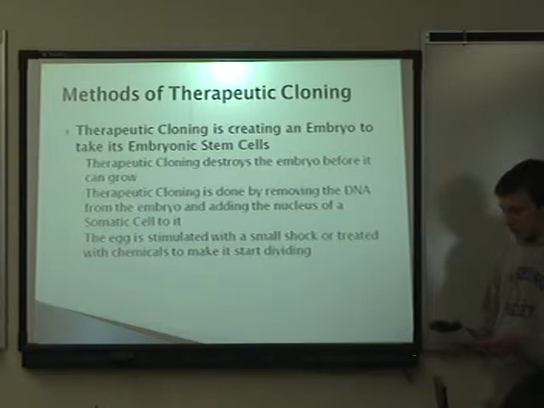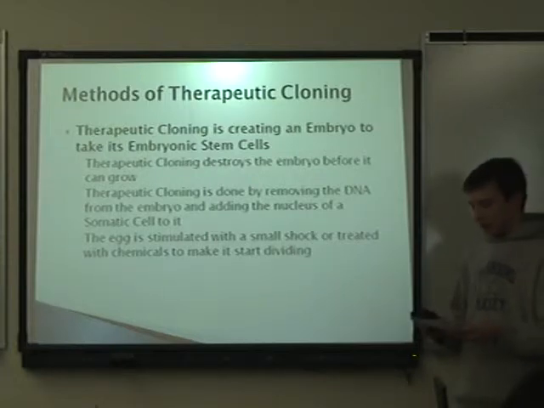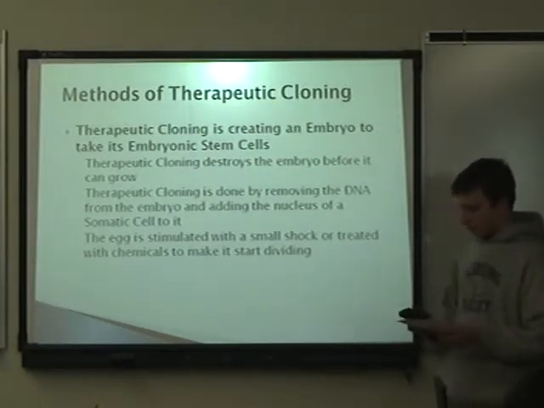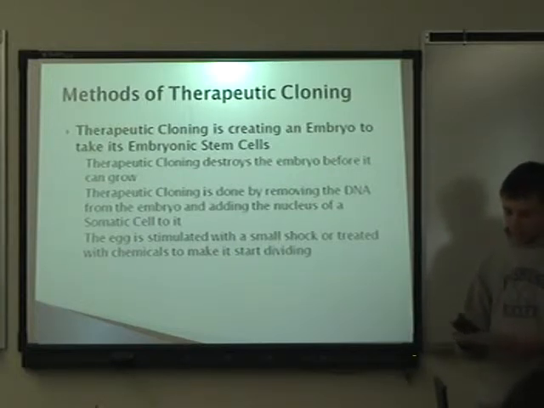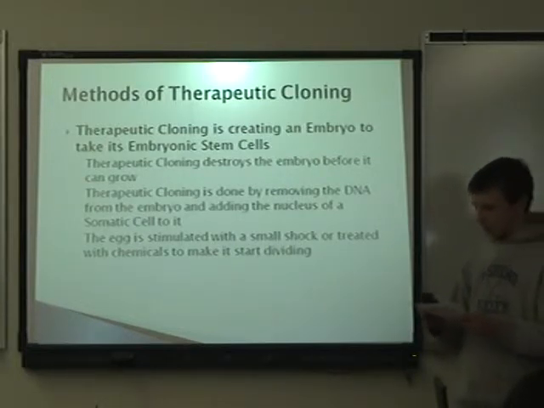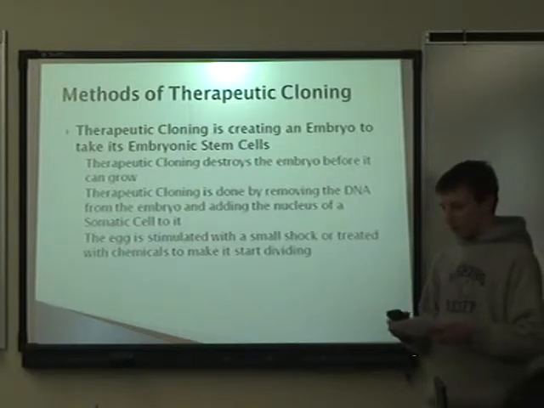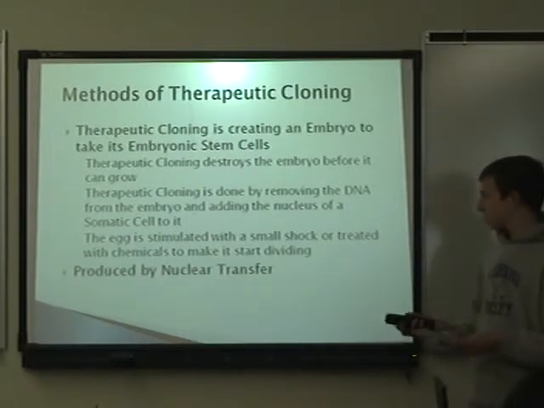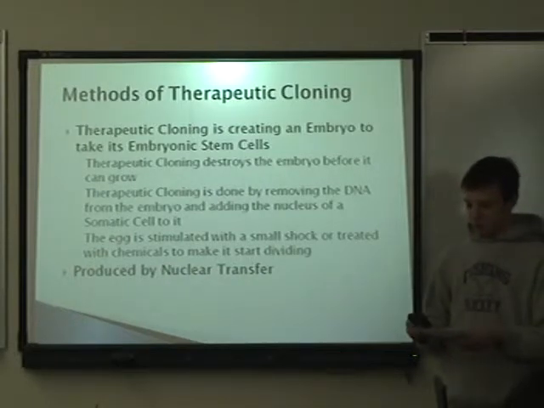It removes the DNA and adds the nucleus of the somatic cell to it. After this is done, the egg is stimulated with a small shock or treated with chemicals to make it start dividing, to start creating the cloned organ, tissue, or organism. This is produced by nuclear transfer, which is the process used.